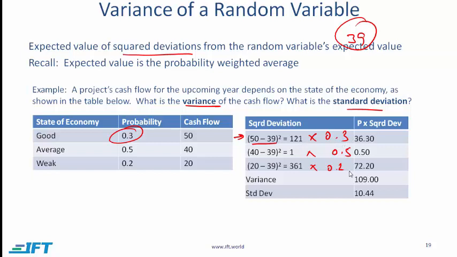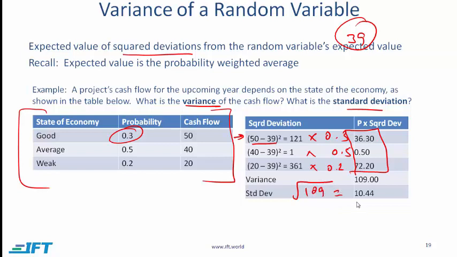When you add these three numbers, we essentially get 109. So 109 is the variance for these cash flows given the probabilities. Standard deviation is simply the square root of the variance. So our standard deviation is 10.44.